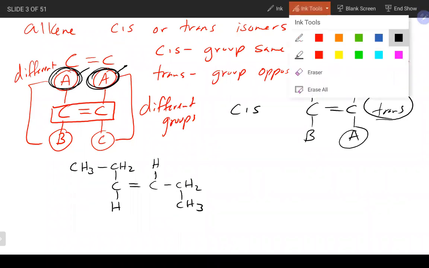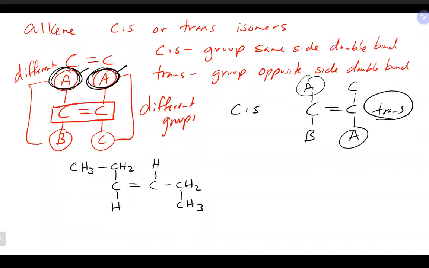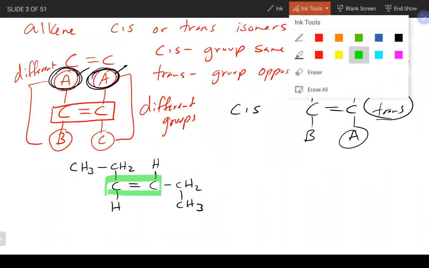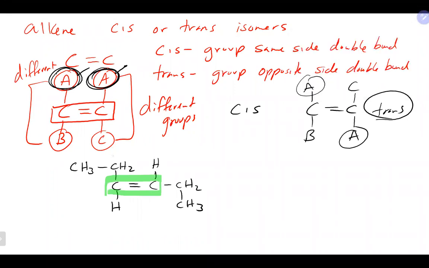The first thing that we would want to focus in on is the carbon-carbon double bond, which is right here. And on that double bond, you really should find two groups on each carbon. So we have this guy here, which is a group. We could even count the hydrogen as a group in this situation. We also have a hydrogen on this side, and we have this group on this side. So first off, these two groups are different. These two groups are also different. So that means we can have a cis or trans isomer.